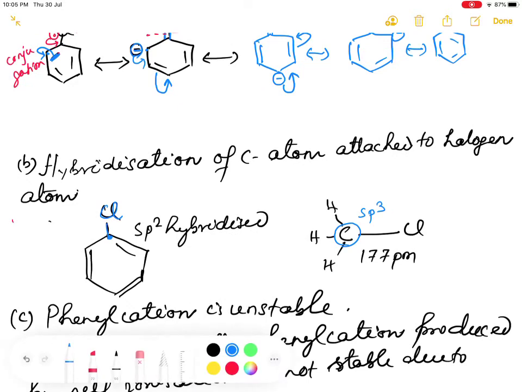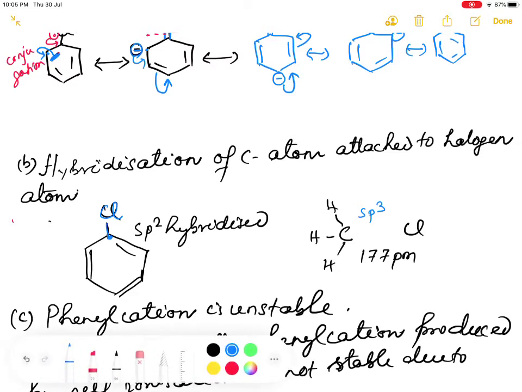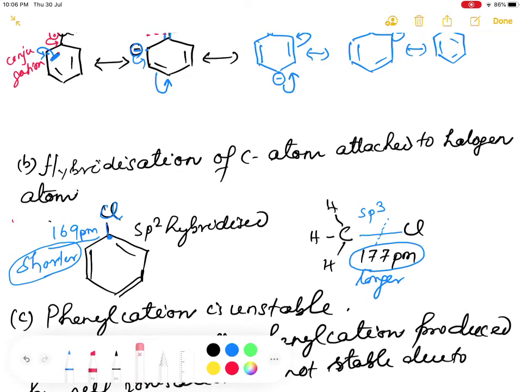As it is sp3 hybridized, its bond length is more, 177 pm. Here it is 169 pm in chlorobenzene. This is a shorter bond, and this is a longer bond. To break a long bond, we can apply less energy, but here it needs more energy to break a short bond.